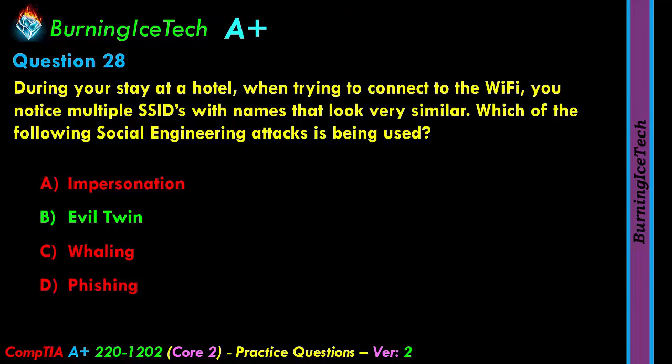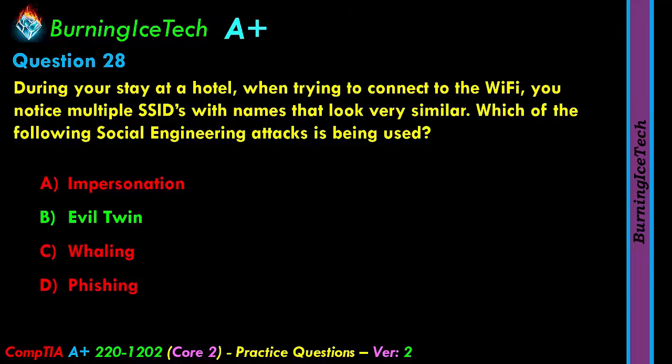If we look at whaling, guys, whaling is when we go after a specific high individual at a company. A CEO or a chairman, it's a high-ranked individual normally at a company. If we look at phishing, we know what that is. We've discussed that many times in this video before. That is when we're phishing for something sensitive, something of value. We're trying to trick the user into giving us information, but phishing on its own is normally going to be via email.